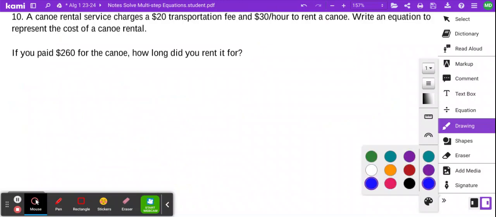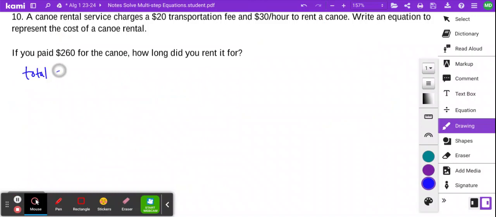And our last problem here. A canoe rental service charges $20 transportation and $30 per hour to rent a canoe. We need to write an equation to represent the total cost of the canoe rental. So we know our total for the rental is going to be that $20 transportation fee and $30 per hour.